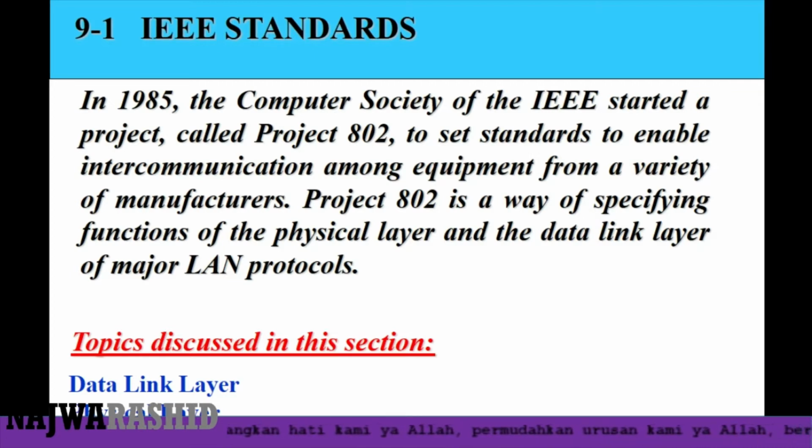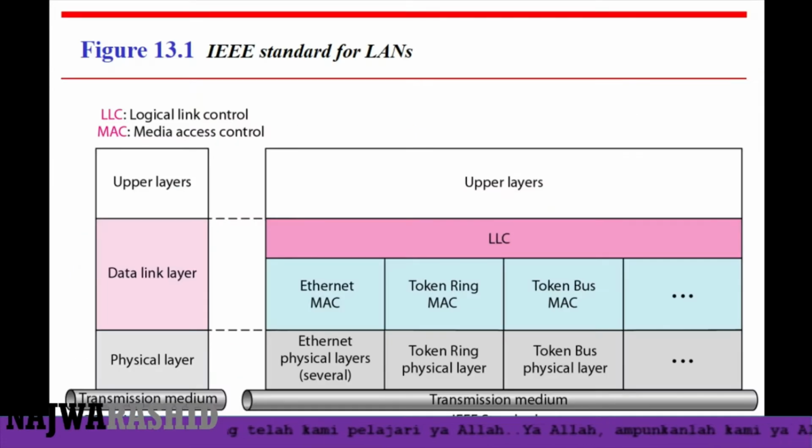And when we talk about the hardware, the devices, the equipment, it must be under the physical layer and data link layer. So on the left side is the standard from the OSI and the internet model, and on the right side is the standard developed by the IEEE.